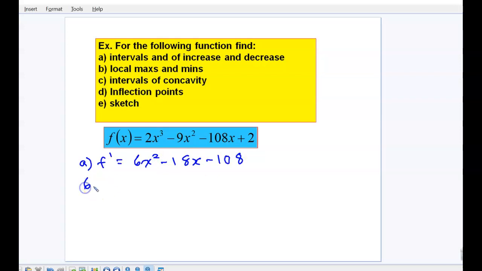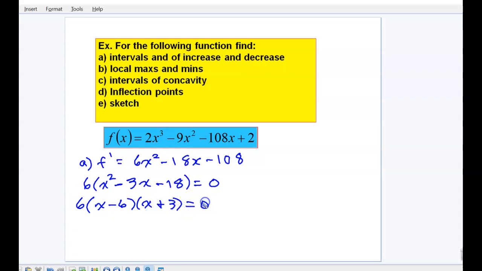To find my critical numbers, I'm going to factor a 6 out, and if I factor a 6 out of 108, that is going to leave me with a -18. And I'm going to set my derivative to 0. So now I can factor the quadratic. Therefore I get two possible critical numbers: when x is 6 or when x is -3.